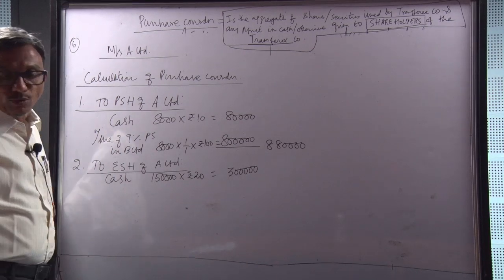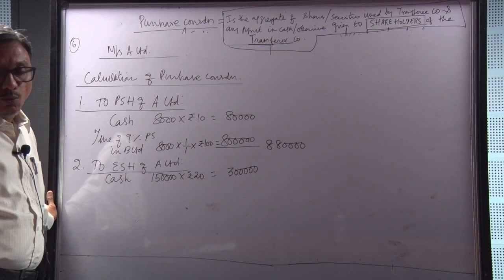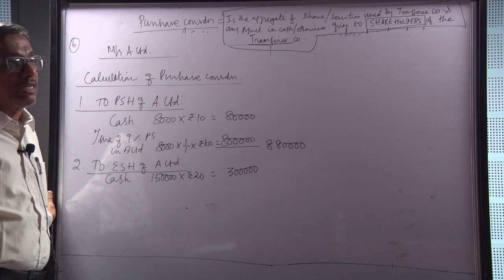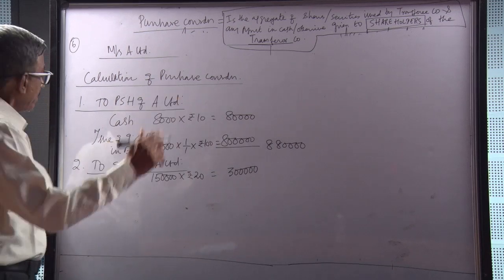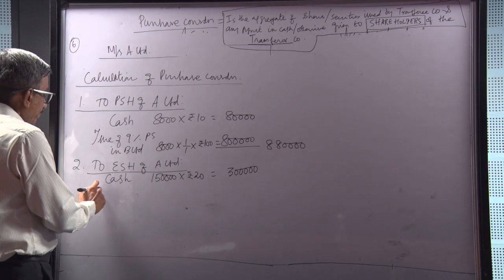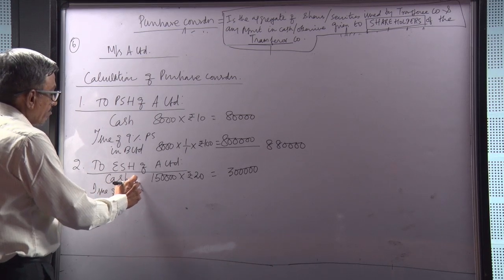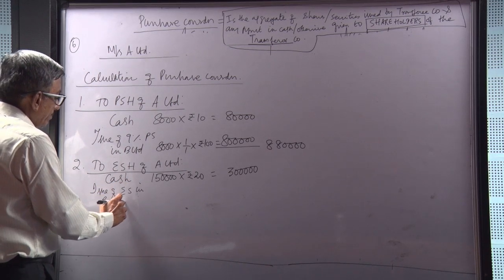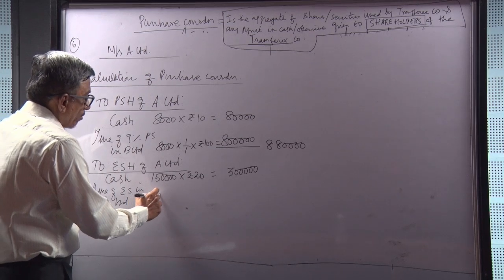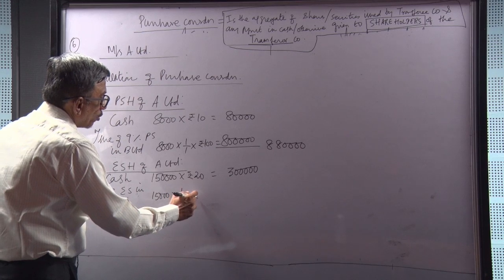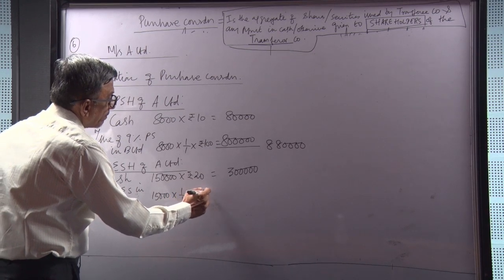Then for every equity share, they will get one equity share in B Limited. But the market price of 130 is the price at which they are issuing it. So the issue of equity shares in B Limited will be 15,000 into 1 by 1 into rupees 130.